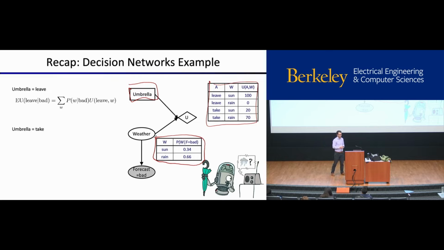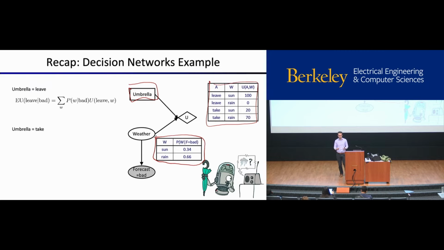And so what do we do? Well, we say that the expected utility of leaving our umbrella behind when we see that the forecast is bad is, well, we're going to sum over all the probabilities of weather given that we had a bad forecast. And these come from our Bayes net. We can calculate them with Bayes nets. And then we multiply by the utility of leaving our umbrella behind and seeing that that was the weather.